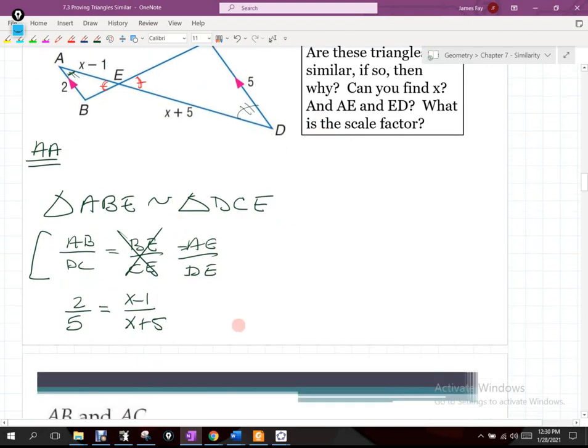This one is a little bit easier than the ones that you saw in that 7.1 worksheet because of where the binomials occur. If the binomials are both in extremes or if they're both in means, you'll probably have to factor, right? But if the binomials are just in one ratio, then you're going to end up with something that's linear. So I have 2 times (x plus 5) and 5 times (x minus 1).